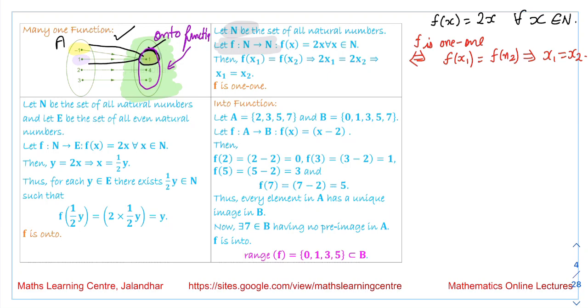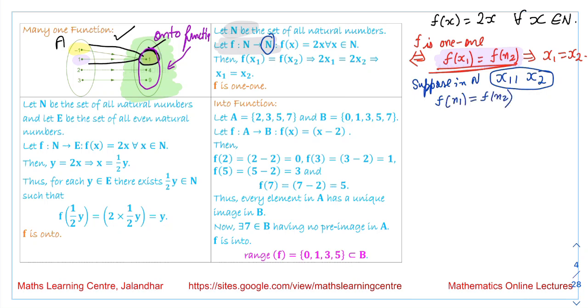Suppose in set A we have two elements x1 and x2 which have the same image in B. We write that f of x1 is equal to f of x2.